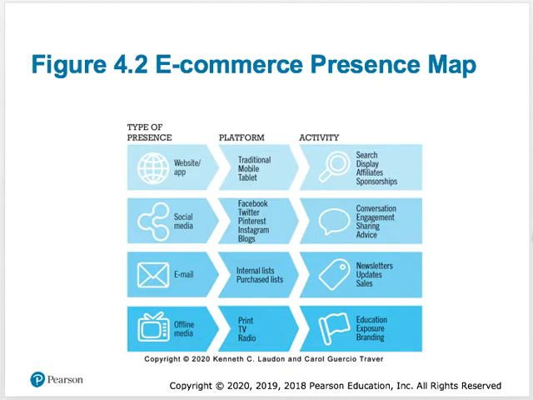Regarding the third type of presence, email uses an internal list and purchased list as a platform. Activities include newsletters, updates, and sales. And the last one, the fourth type of presence, is offline media, using print, TV, and radio as a platform. Activities include education, exposure, and branding.